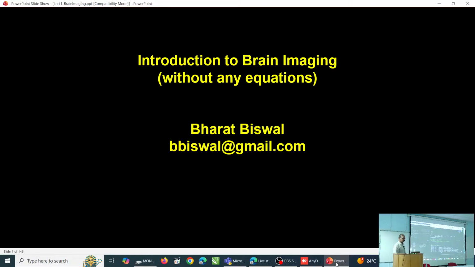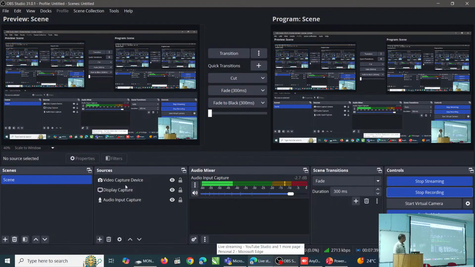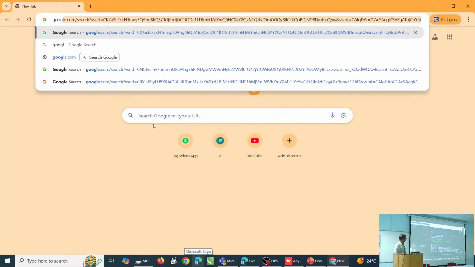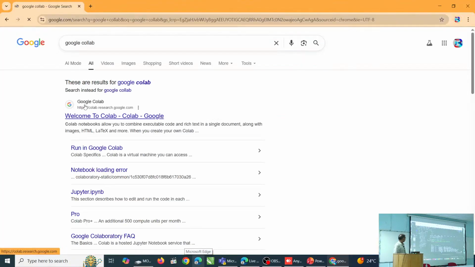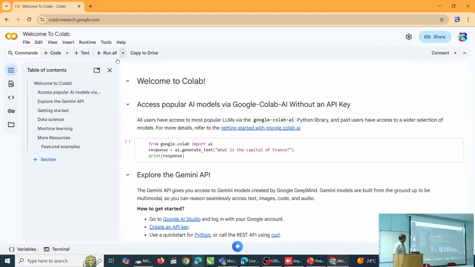Then you hit continue to allow access, and then you hit continue again. Okay, so once this is done, basically this will link these programs to your Google Drive. So the drive is mounted.